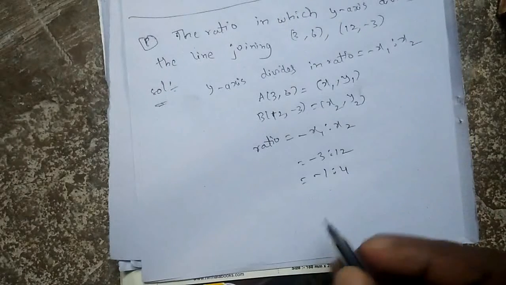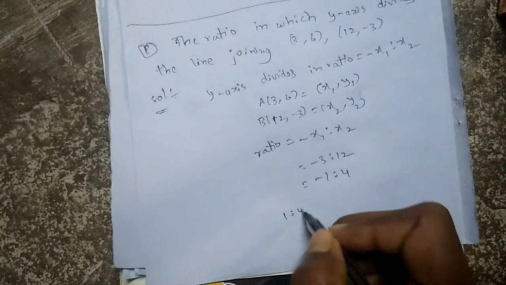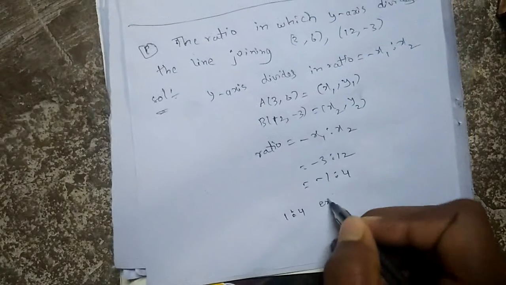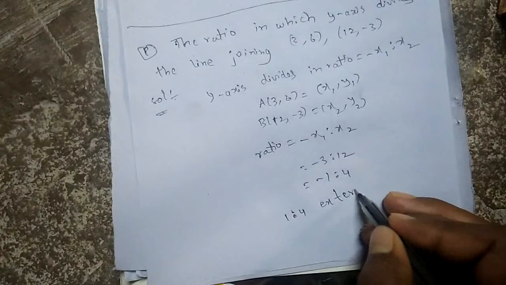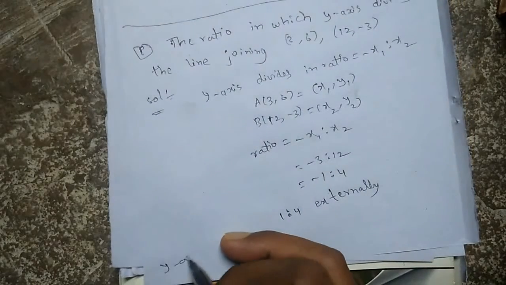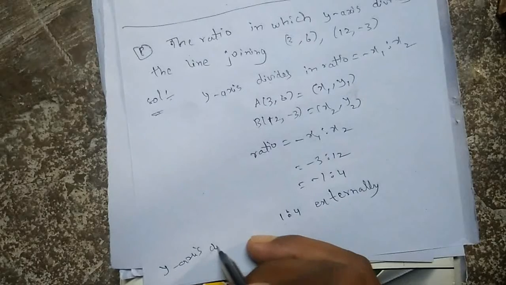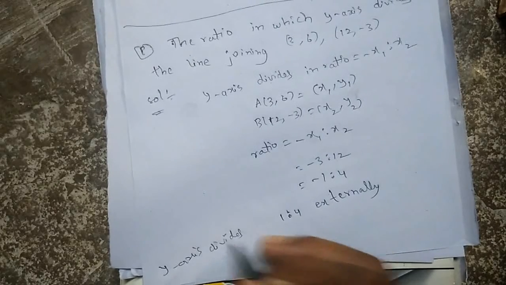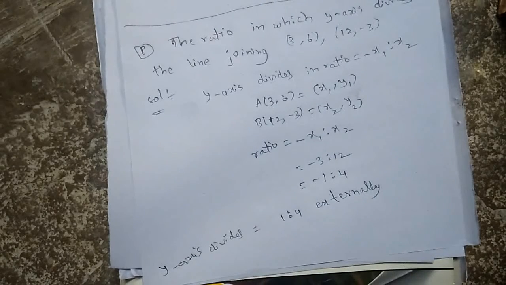So here a negative ratio means 1 is to 4 externally. The y-axis divides in the ratio 1 is to 4 externally.